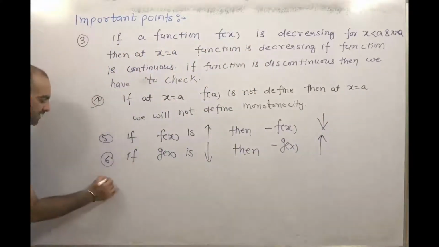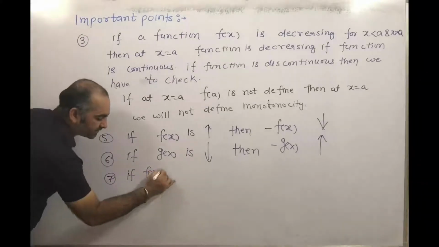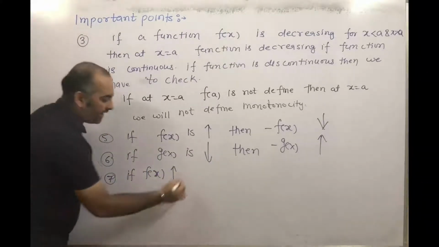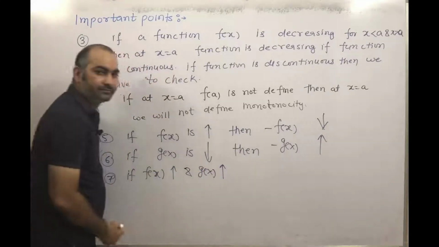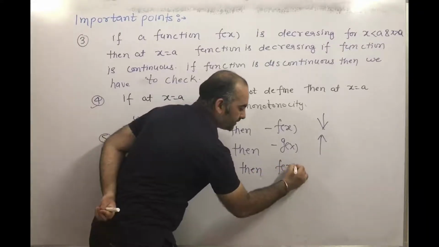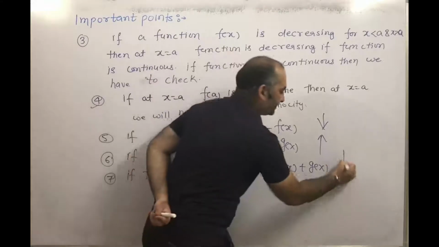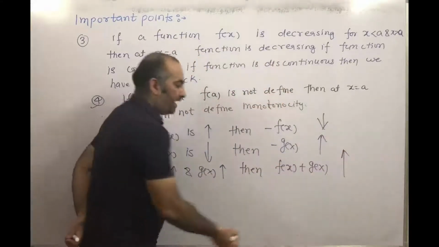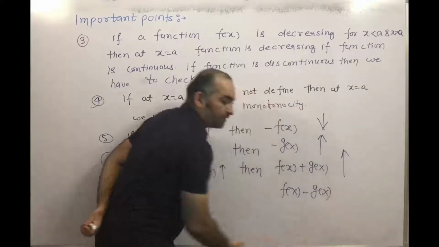Next point, the seventh point. If f of x is increasing and g of x is increasing, then f of x plus g of x will always be increasing, but f of x minus g of x we can't say.